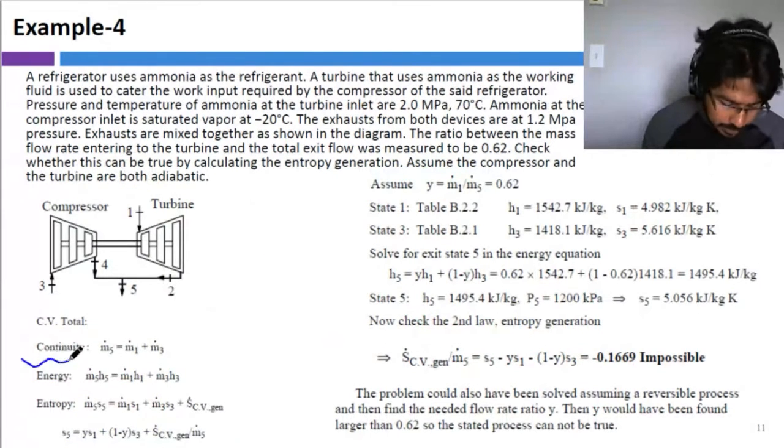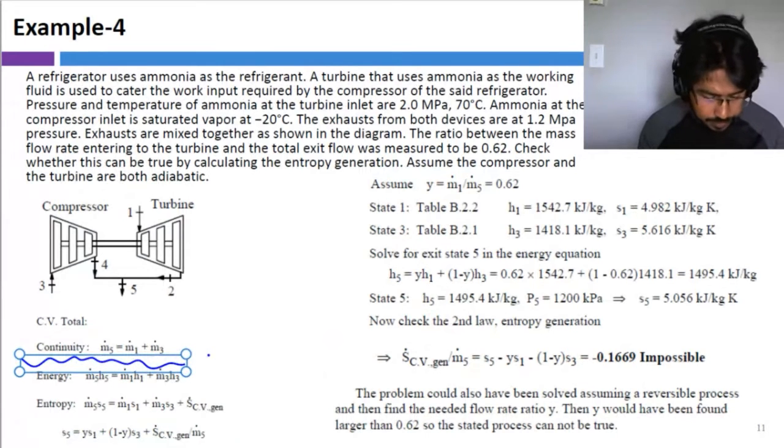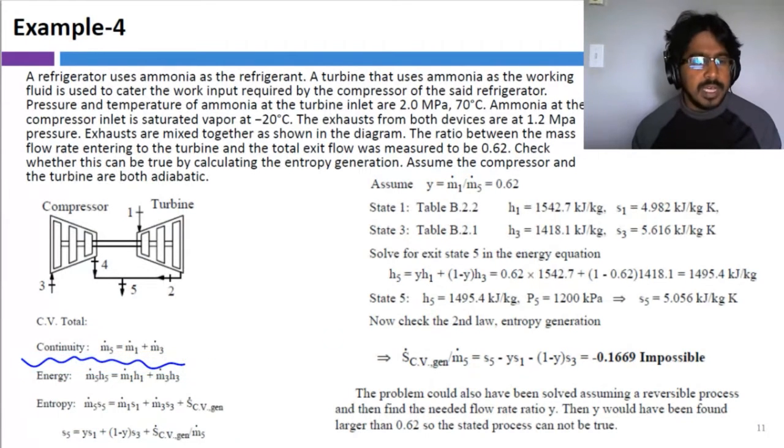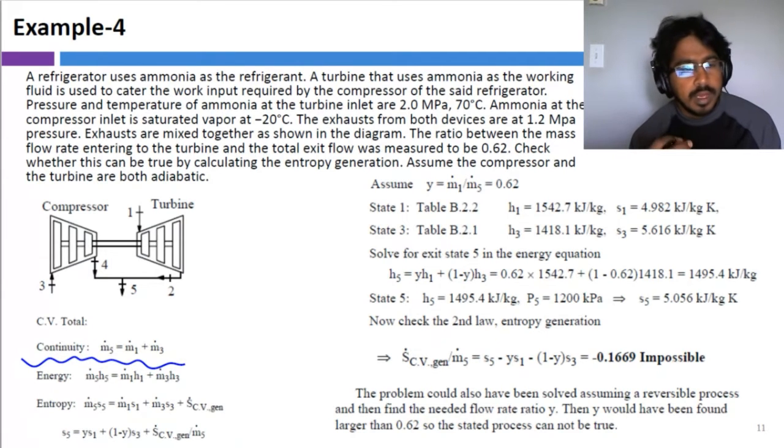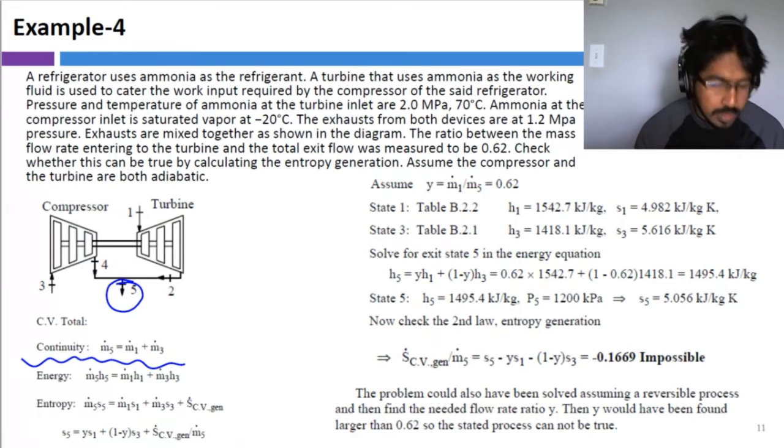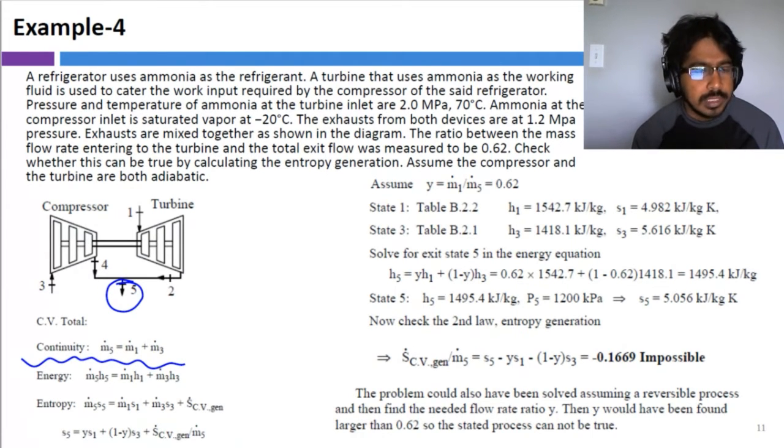From the continuity equation, we know that the mass flow rate at state 5 should be equal to the sum of m1 and m3, because point 5 is the only exit point here. All the mass that came into the system should flow out. Therefore, m5 is equal to m1 plus m3.